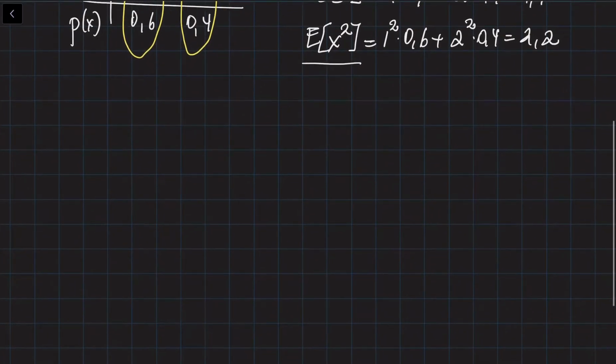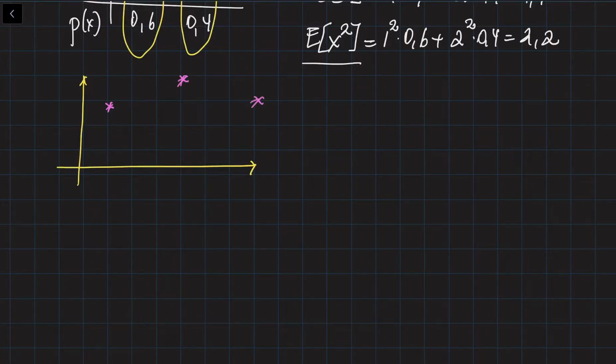First of all, we are going to define what the variance means for us. Let's say we are given lots of data points, here, here, and so on. Let me denote them as x1, x2, x3, x4, x5.